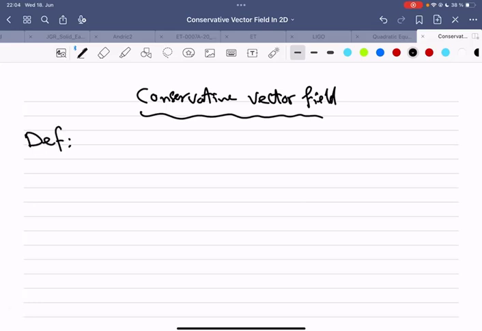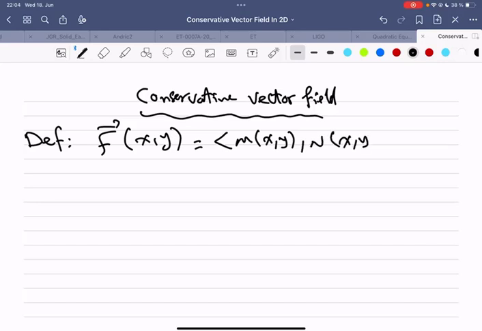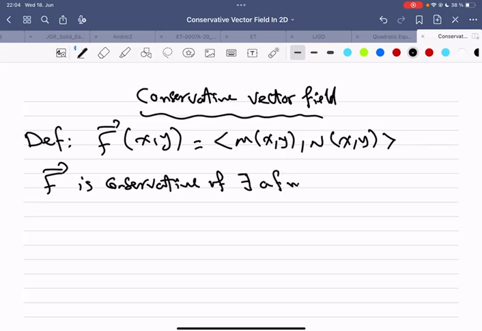definition. If we have F is a vector field in 2D equal M(x,y), N(x,y). F is conservative if there exists a function phi.